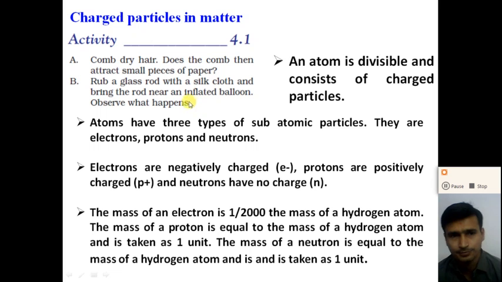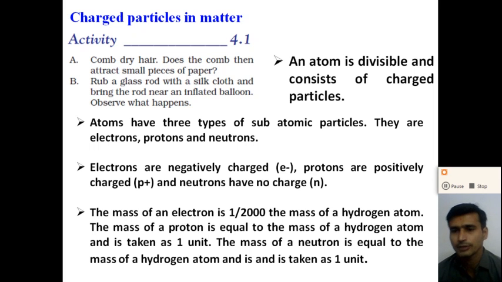Observe what happens. When we rub a glass rod with a silk cloth, charge is transferred between the glass rod and the silk cloth. A negative charge is transferred from the silk cloth to the glass rod. And when we bring the glass rod near the balloon, the balloon is attracted towards the glass rod.